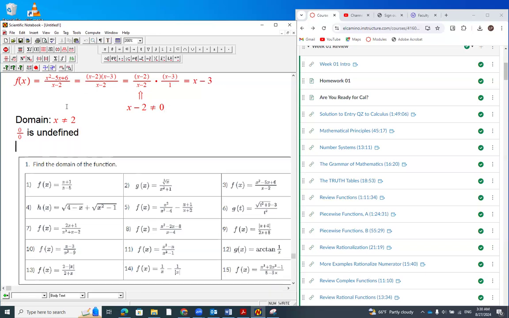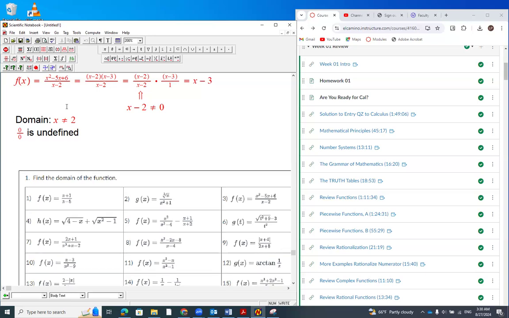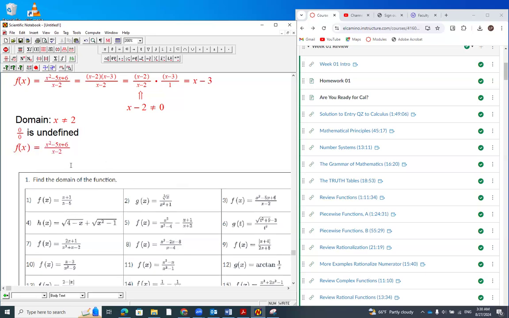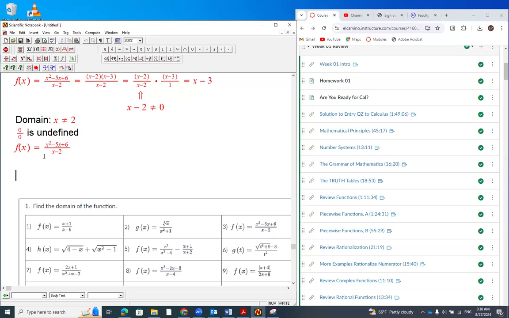So let me give you another version of determining the domain for this function. I'm not going to do any reduction, because even if you do the reduction, you still have to pay attention to the making of one. Mathematical principles apply here.